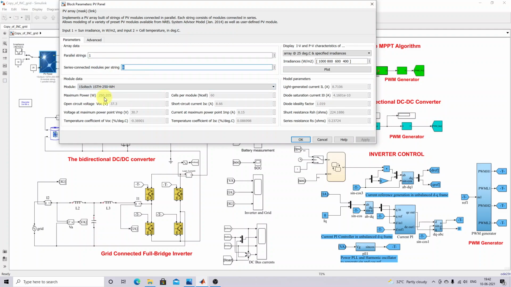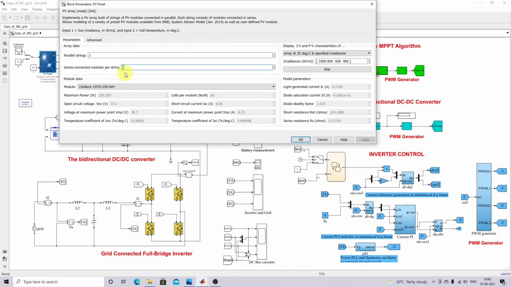So each panel rating is 250 and total power it can generate maximum at the standard test conditions is around 2000 watts. Okay, and then here you can see this is the voltage at maximum power point for a single panel, and then the current at maximum power point for a single panel, right?